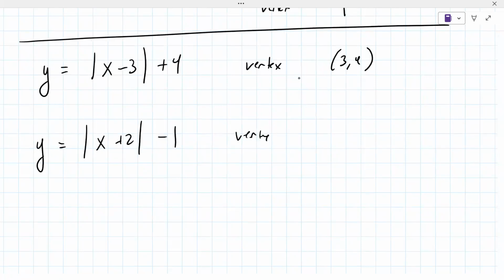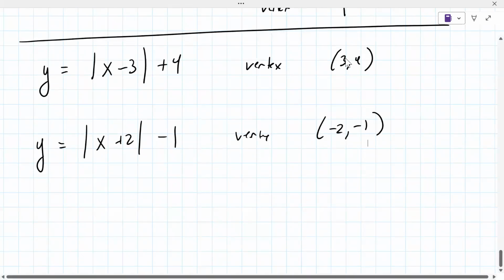The vertex of this one is minus 2 comma minus 1. Can you tell me, and I'll look real carefully at what's over here on the left, what's over here on the right. How did I get 3, 4 from this? How did I get negative 2, negative 1 from this?